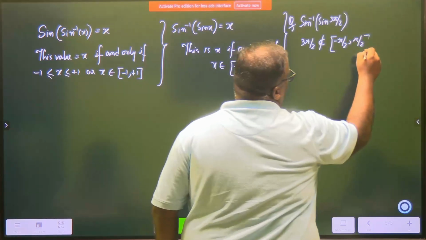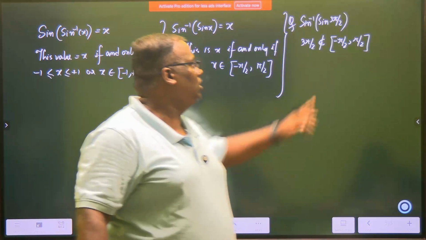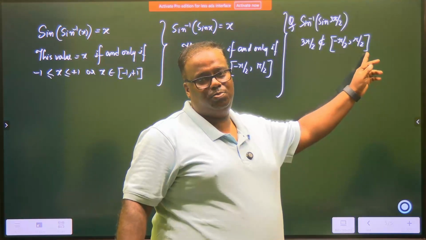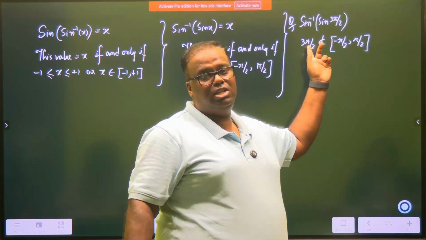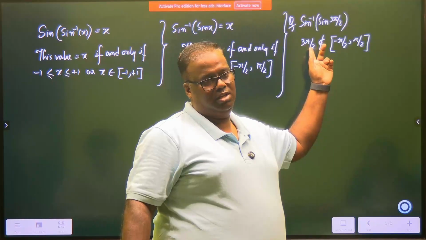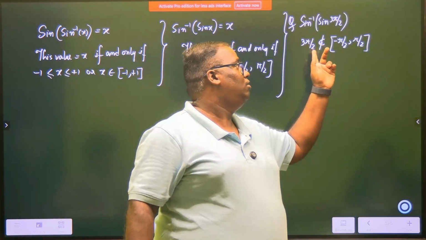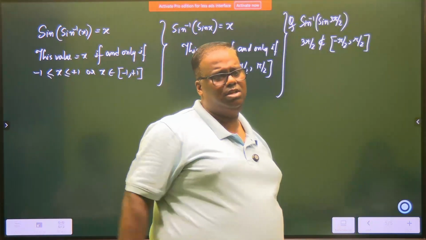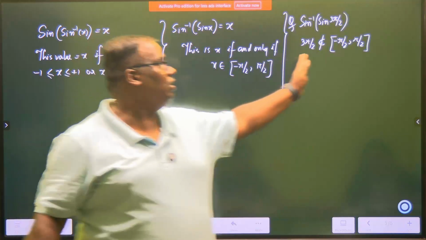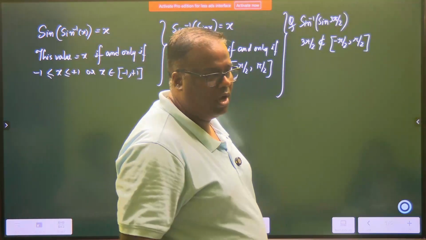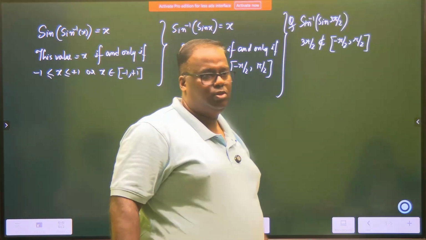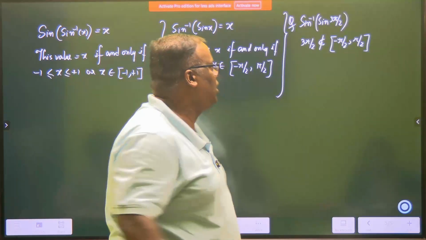Acha, how to check this? If you are having any doubt, this range is minus 90 to plus 90 degrees. 3 pi is 3 into 180, which is 540. 540 divided by 2 is 270. So it is beyond this range. This is not working.